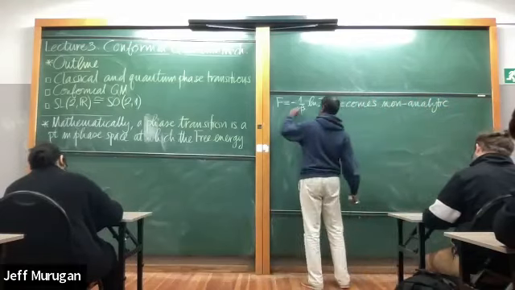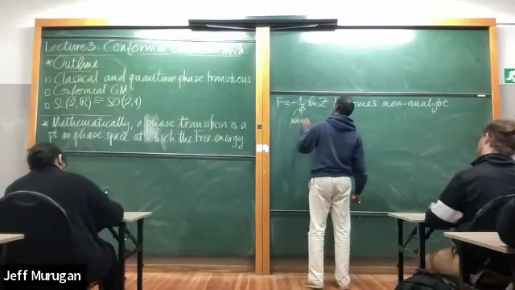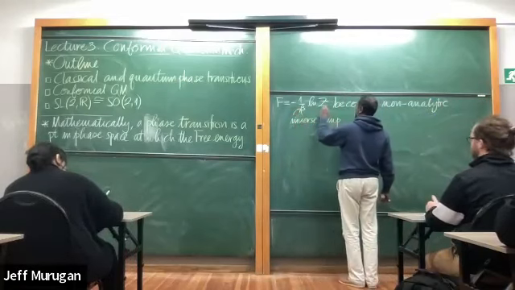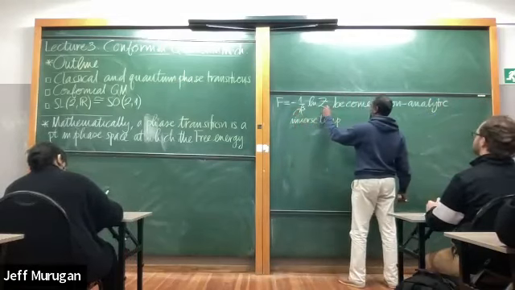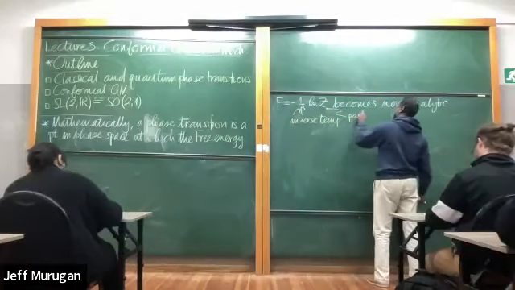Beta here is the inverse temperature, and Z is the partition function.